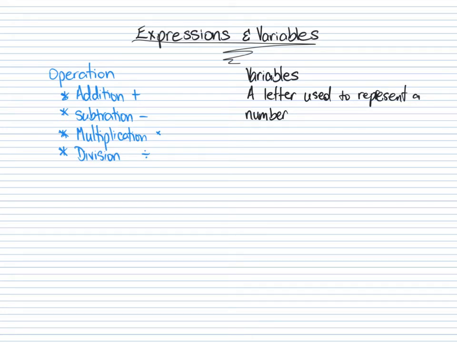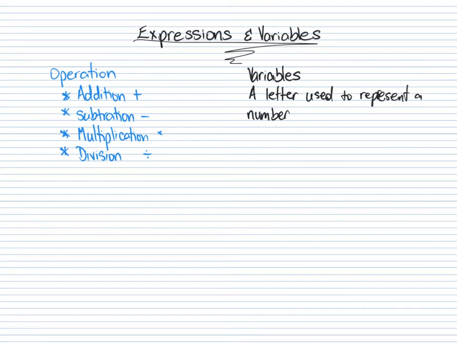So for example, we would have here 10 times an unknown, so 10 times h. Because we don't know what the number of hours is, then that is our variable. We are using a letter to represent that unknown.